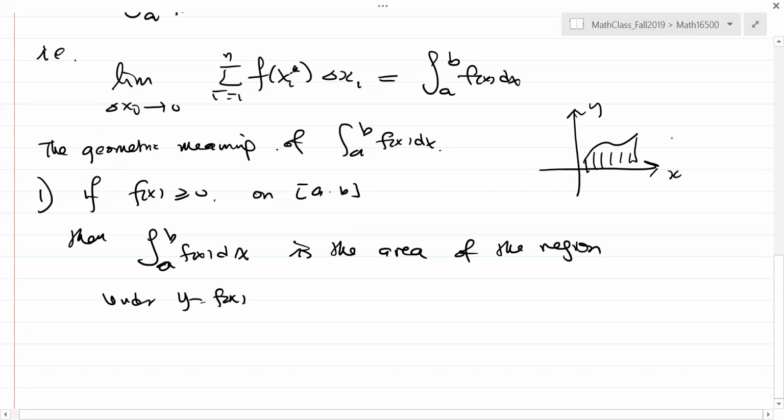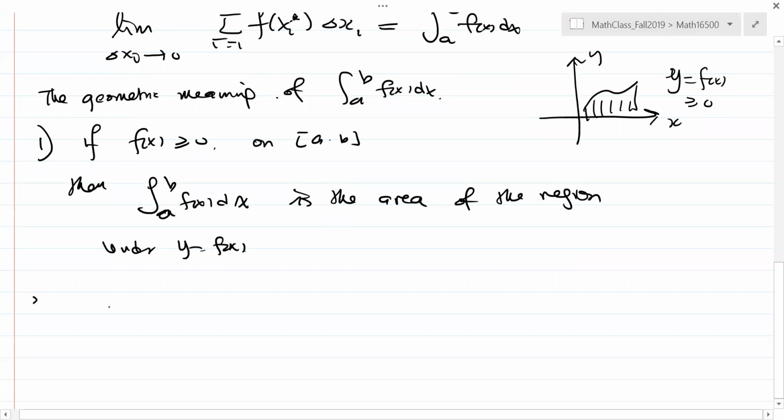Okay, in this case, this graph is above the x-axis. Right, and so what happens if the function is always negative? The integral has a negative sign, okay?